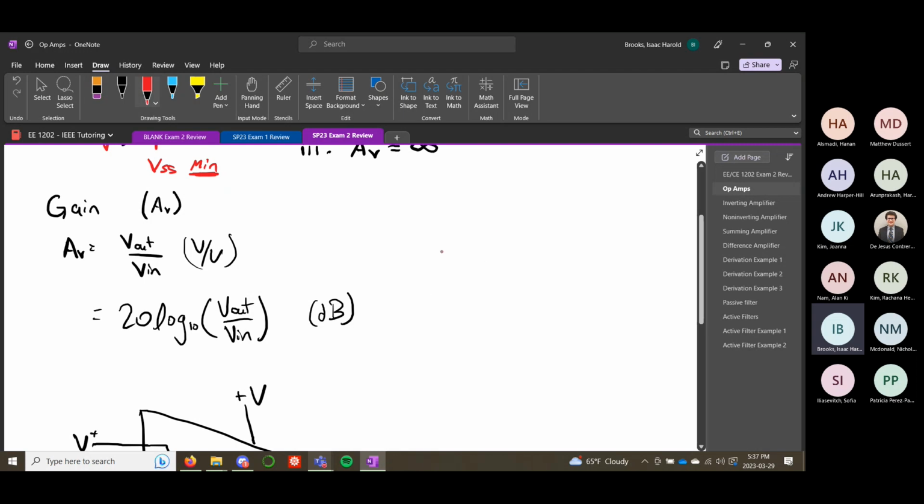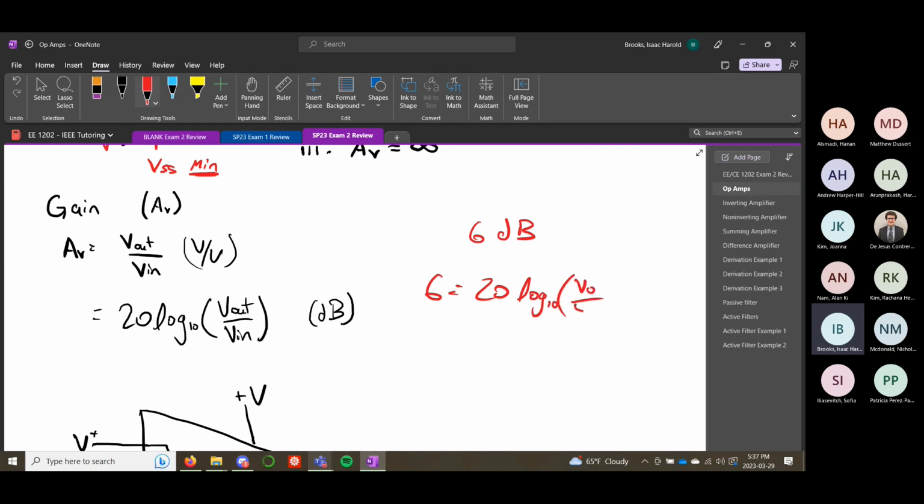If we do it the other way, if I said that the gain was 6 dB, well, we know that 6 equals 20 log base 10 of V out over V in. Then we divide by 20, so we have 6 over 20 equals log base 10 of this ratio V out over V in.